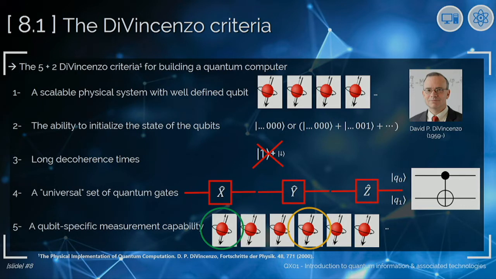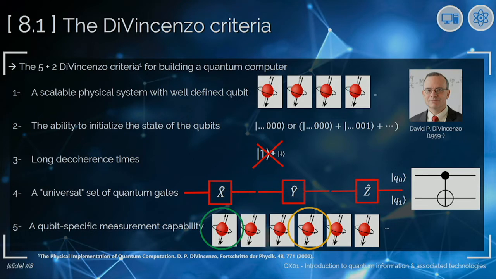The first criterion is that you need a scalable physical system with well-defined qubits. It seems to make sense, but actually this is by far not trivial at all. So I put here the equivalent of these electron spins we talked about.